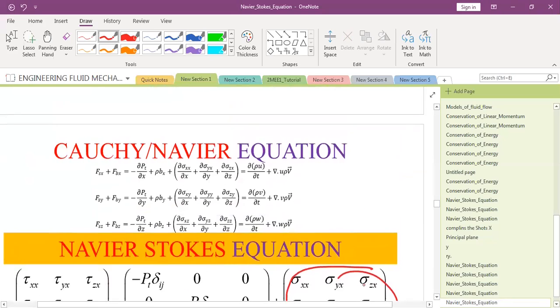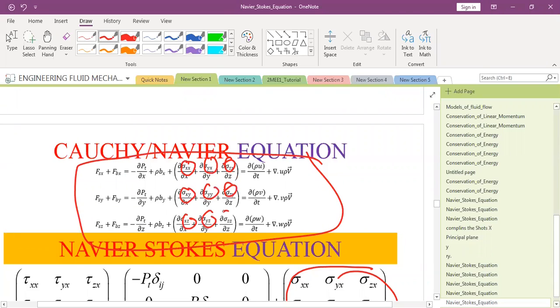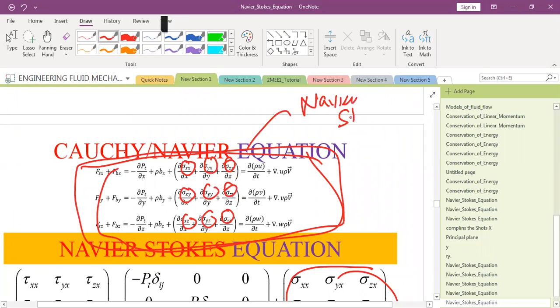Now if I substitute this in this equation, you get the Navier-Stokes equation. So these terms, if I substitute with corresponding strain rate terms, this Cauchy-Navier equation will turn into the Navier-Stokes equation. Is that clear? Any doubts to anyone?